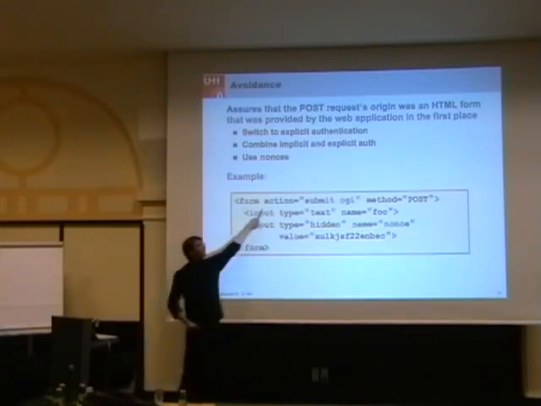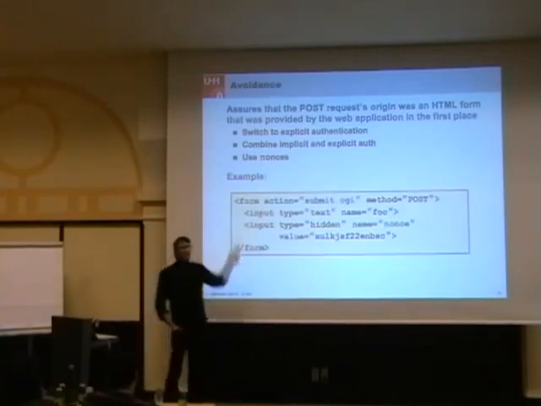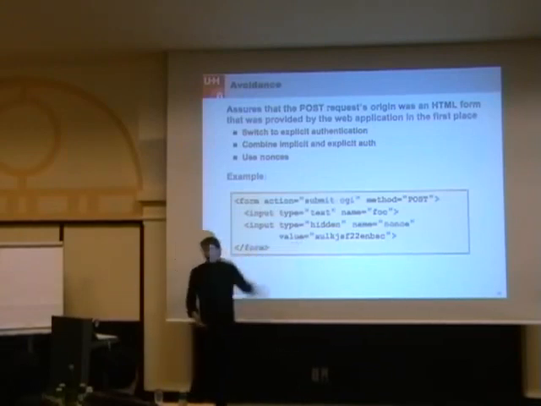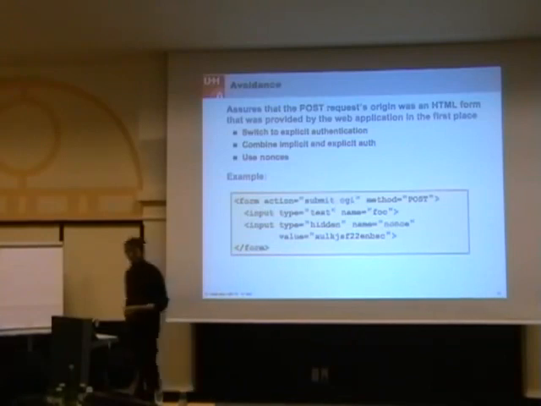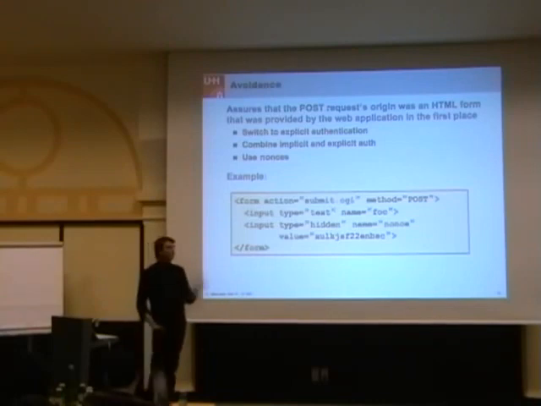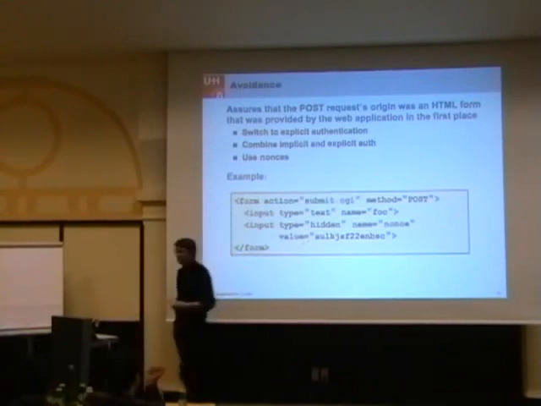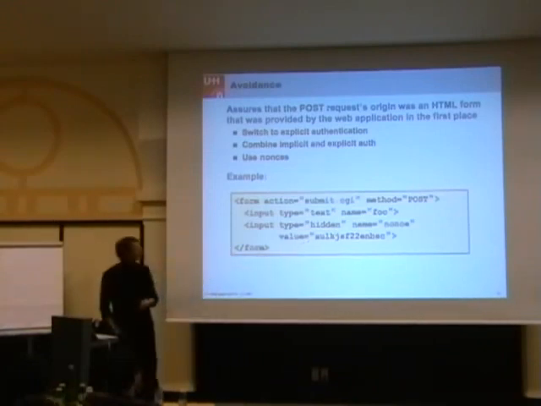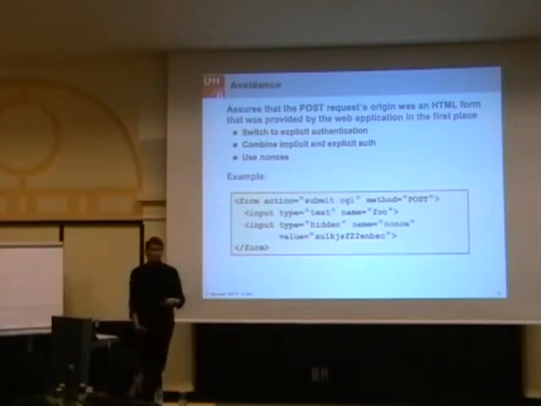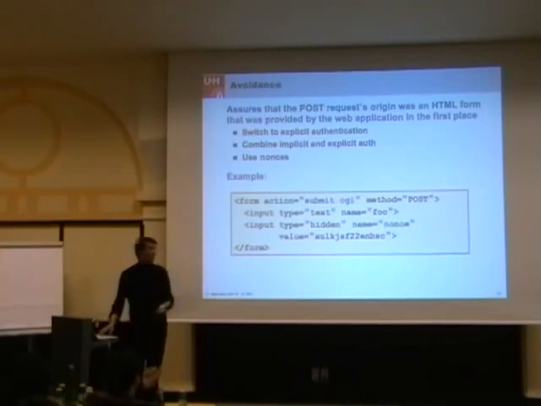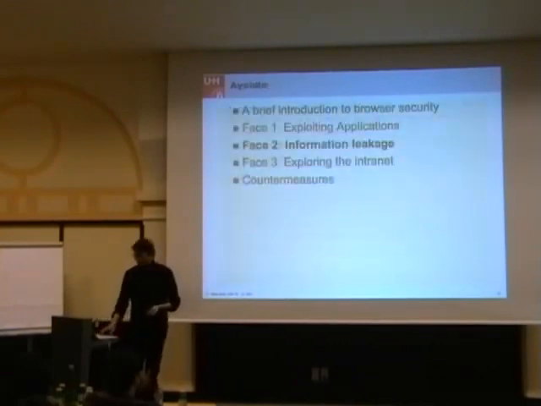For every form or for every HTML page that is doing something meaningful to your web application, you should include a one-time identifier that is exclusively for this user, for this session, and for this form only. And only if this nonce is sent back to the application, then the state-changing action should be done. It's simple, but it's totally tedious. So it's no big fun doing something like that, but you have to.